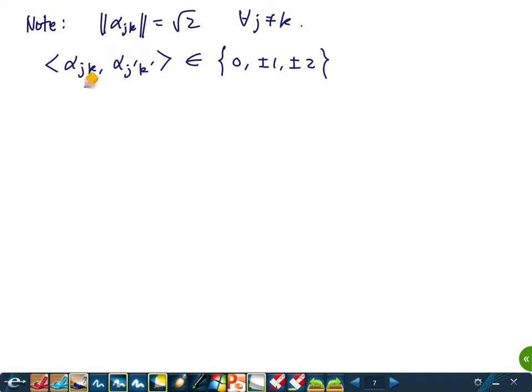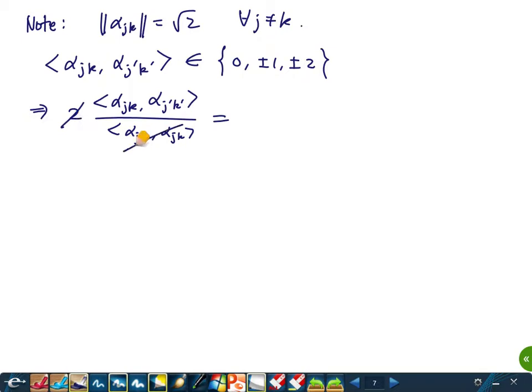Agree? And 2 times this, we know that a root system must satisfy this condition. This is always an integer. But this is the length squared, so it will cancel, right? So it's always an integer.